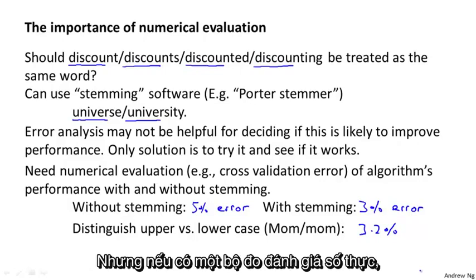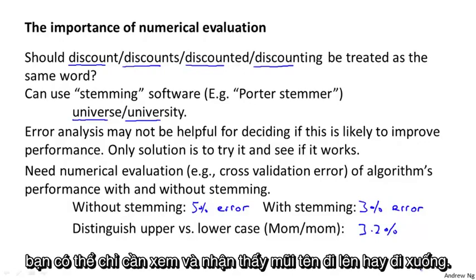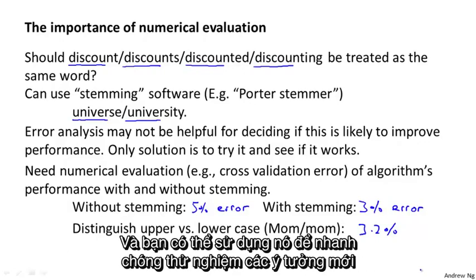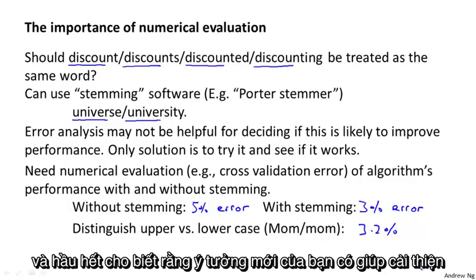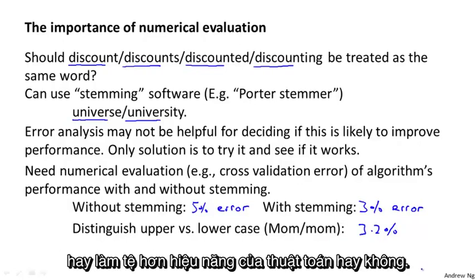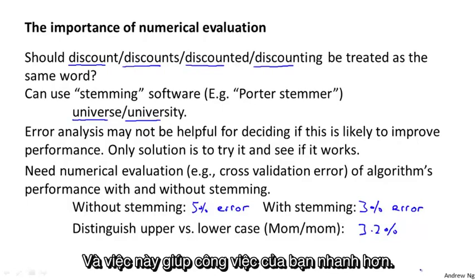But by having a single row number evaluation metric, you can then just look and see, did the error go up or go down? And you can use that to much more rapidly try out new ideas and almost right away tell if your new idea has improved or worsened the performance of the learning algorithm. And this will let you often make much faster progress.